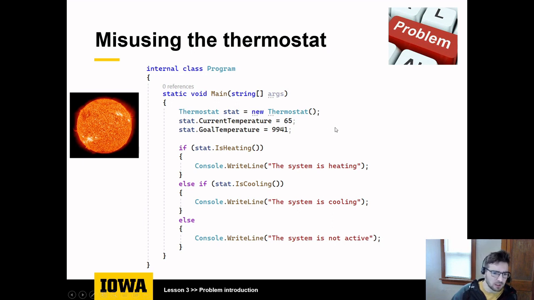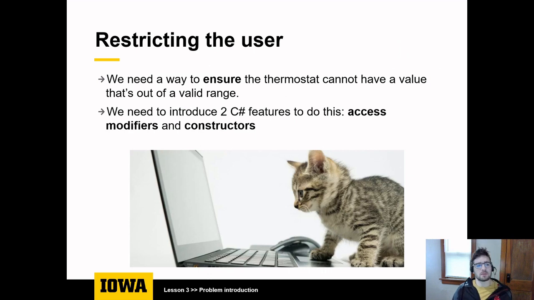Okay, so we need to solve this problem because this is just outright dangerous, right? We can't have a house be heated this hot or whatever this thermostat is controlling. Okay, so restricting the user, right? So we need to ensure that the thermostat can never have a value that's out of a valid range.